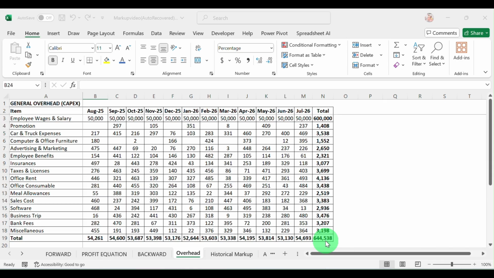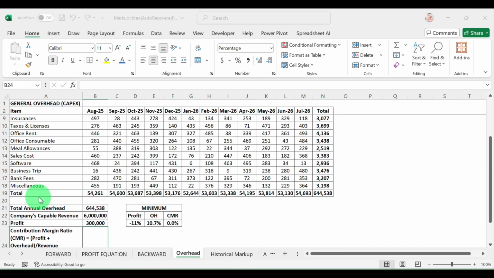We want to allocate these related construction costs to the construction. We don't want to put these costs to the general overhead because it is difficult to control when we want to execute and control the project.